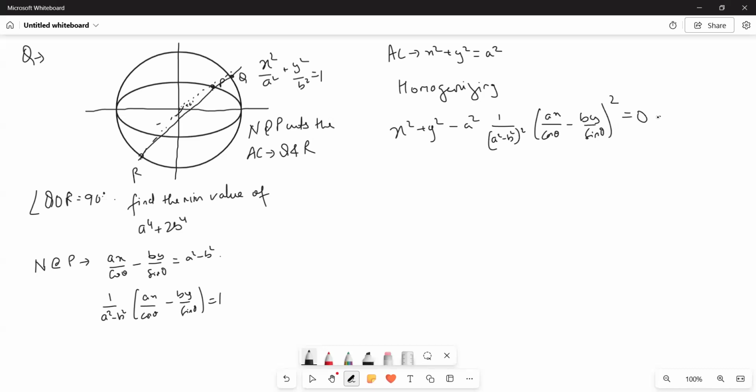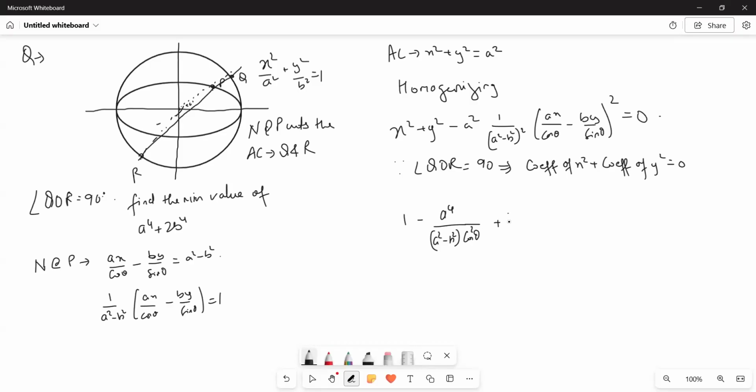Since angle QOR is 90 degrees, so what must happen? Coefficient of x square plus coefficient of y square is 0. So how much x square do we have यहाँ पे? 1 minus, अच्छा, a square हो गया ये, तो a power 4 by a square minus b square cos square theta actually.